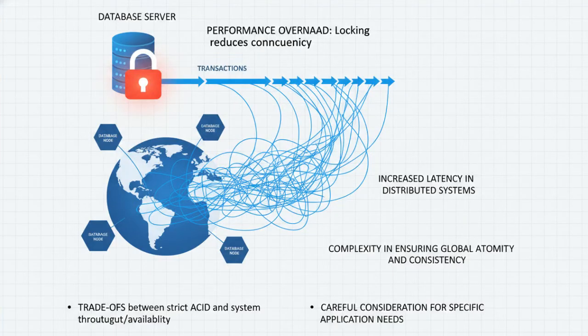This overhead becomes particularly pronounced in highly distributed systems, where achieving global atomicity and consistency across multiple geographically dispersed databases introduces significant complexity and latency. Imagine coordinating a single transaction across servers located on different continents. Ensuring all or nothing with strict consistency becomes a massive engineering challenge.